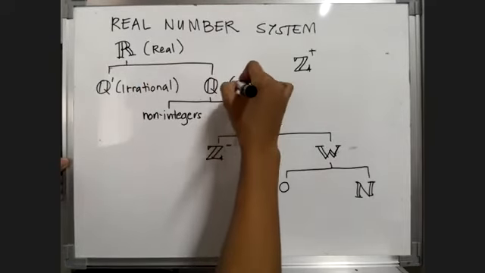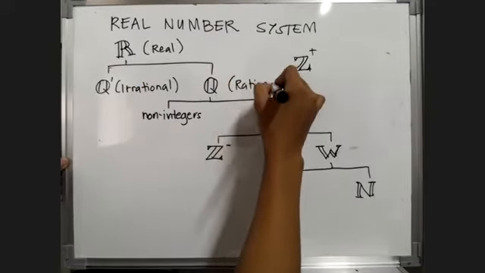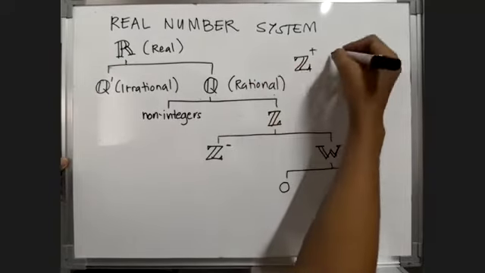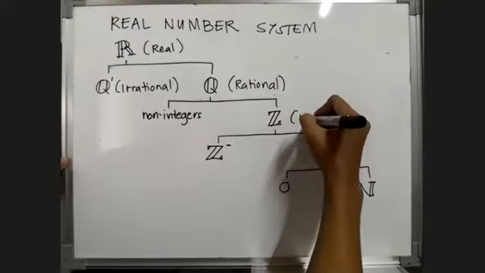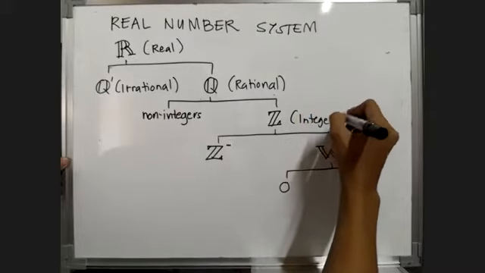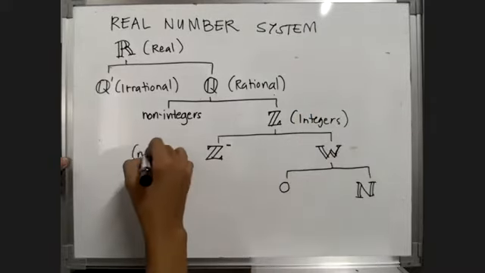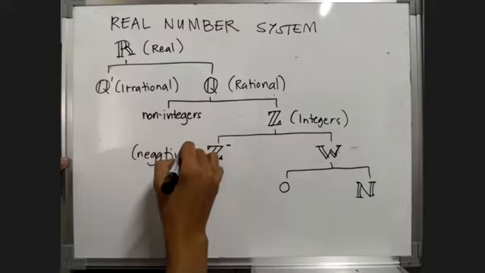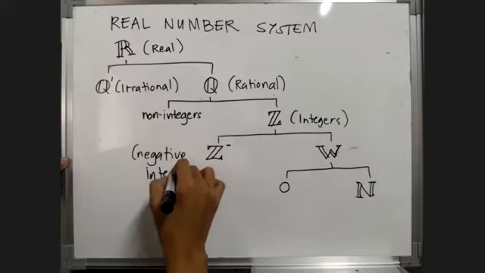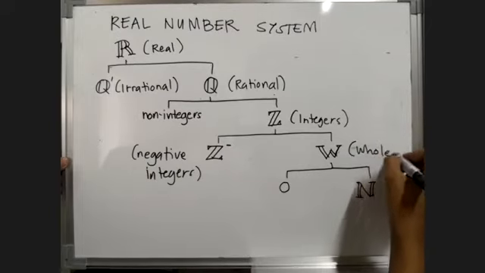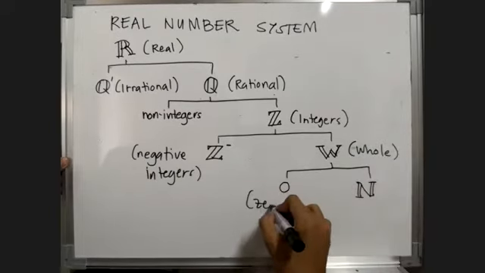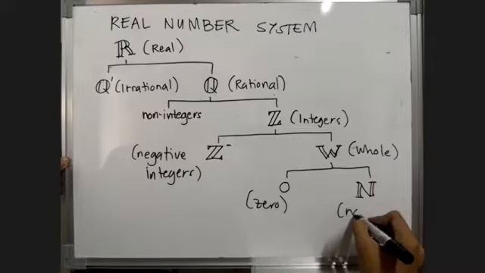This is rational. Ito ay positive. Ito ay integers. This is negative integers. This is whole number. This is zero. This is natural.